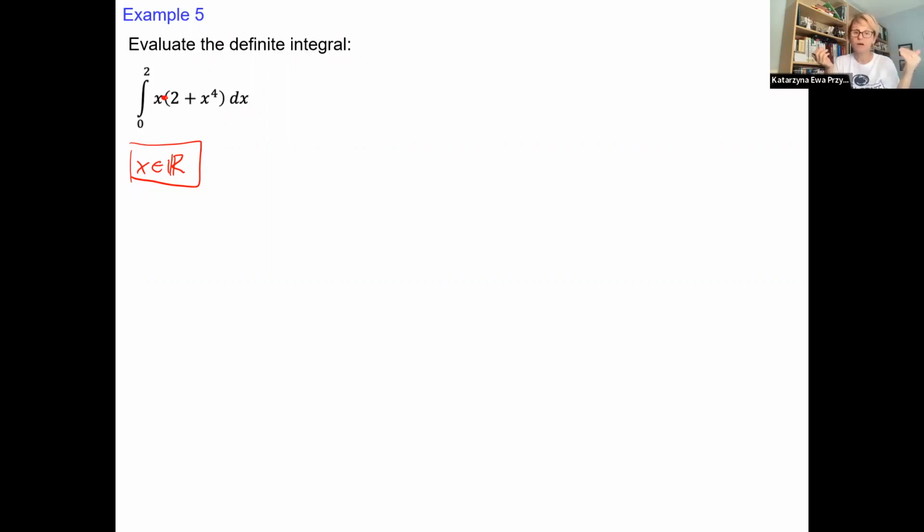Sometimes we cannot avoid it. We have to use different tools, but that will be next week. At this point we don't know, because you remember for differentiation, those big formulas, the product rule, the quotient rule, not even mentioning the chain rule. Now we have to try to reverse them.